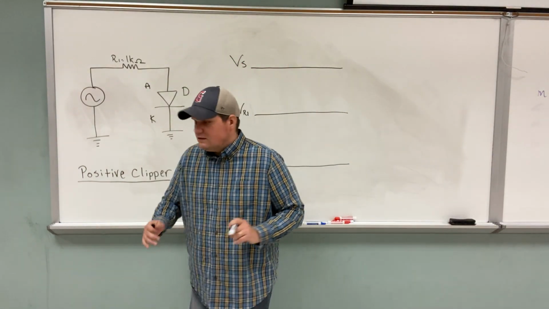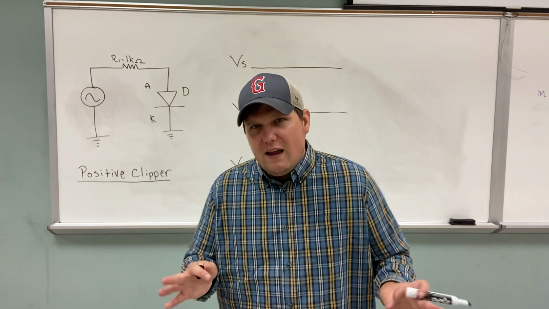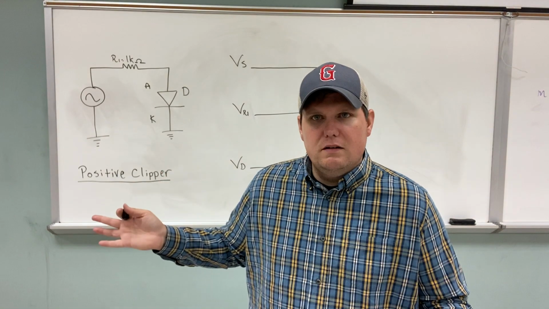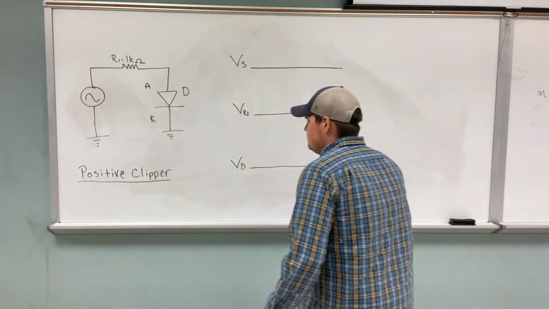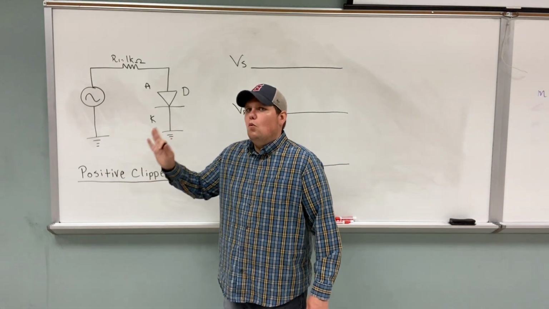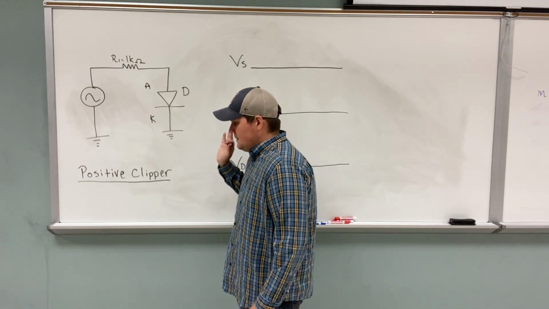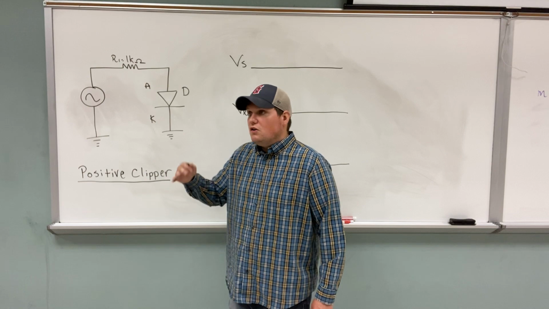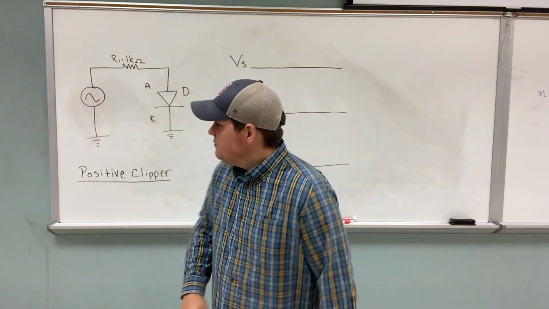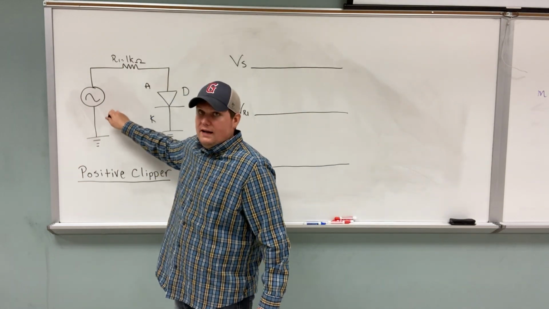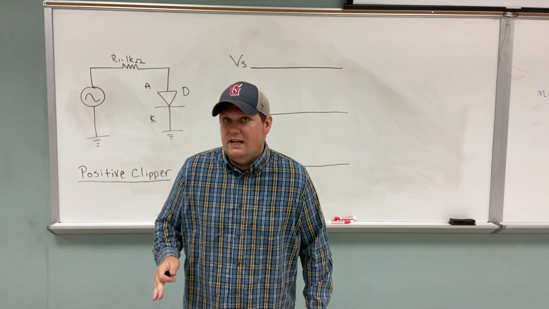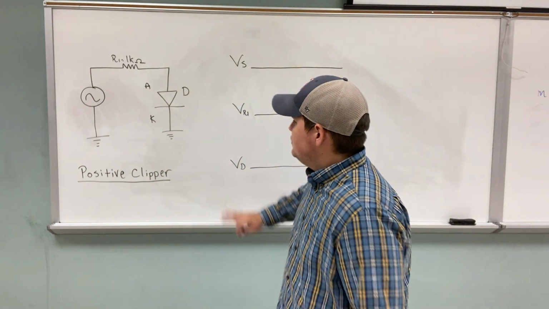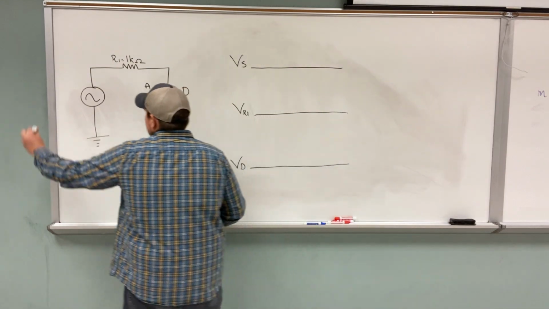Let's just look at the circuit. Remember what we talked about in the previous video: on the upswing, the polarity looks one way, and on the downswing, it's another way. So first, let's give a voltage.